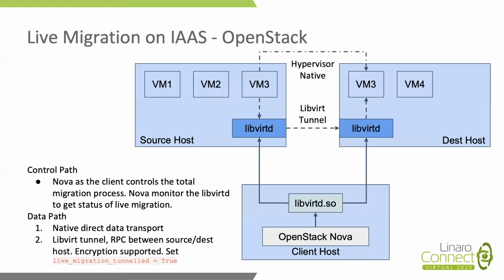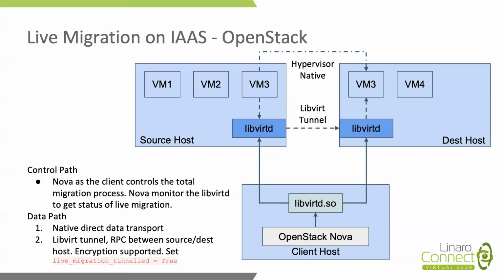Okay. Here we can see there are two paths we need to consider. First is the control path, and the other is the data path. In this picture, the source node is running Libvirt, and the destination node is also running Libvirt.